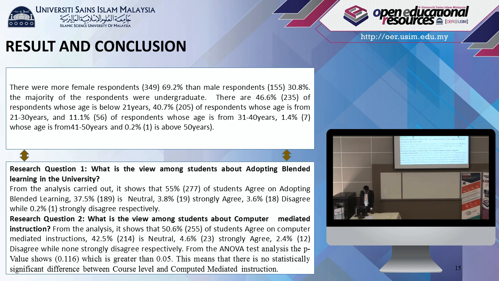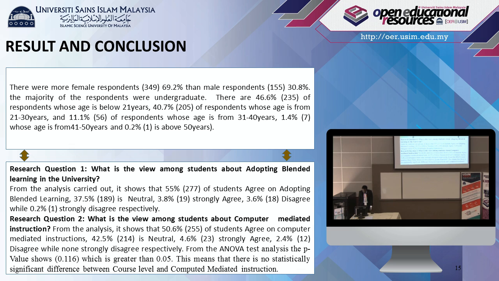The second research question goes thus: what is the view among students about computer-mediated instruction? From the analysis, it shows that 50.6%, equivalent to 255 students, agree on computer-mediated instruction. 42.5%, equivalent to 214 students, are neutral about it, while 4.6%, which is 23, strongly agree. 2.4%, which is 12, disagree, while none strongly disagree, respectively.